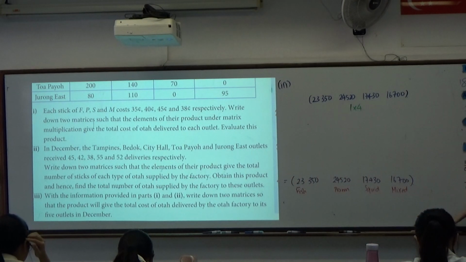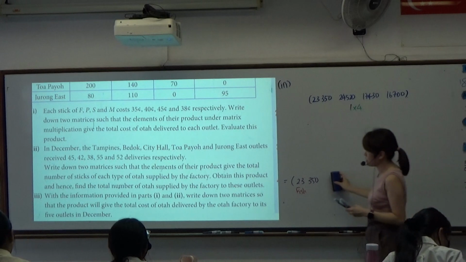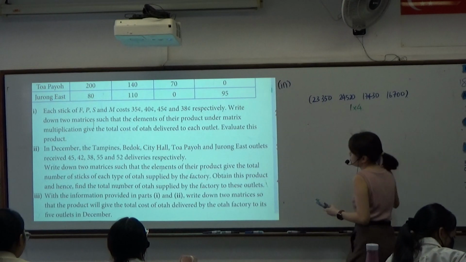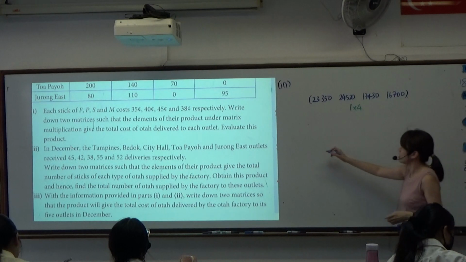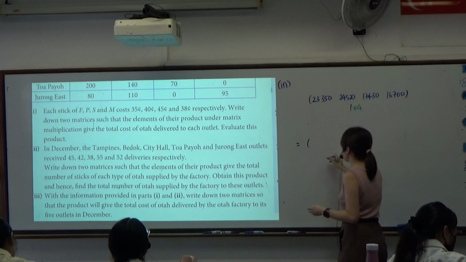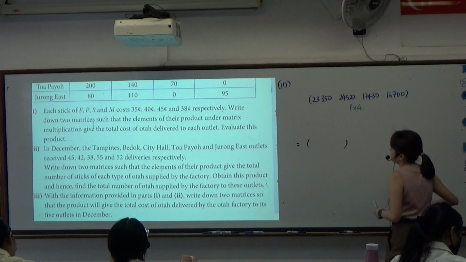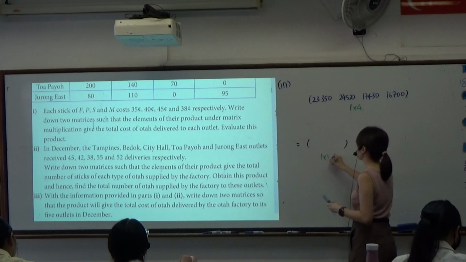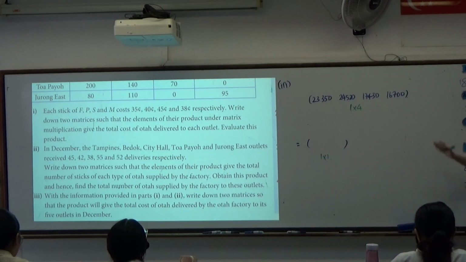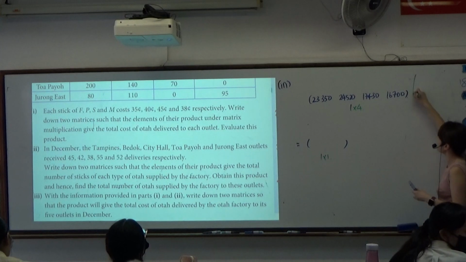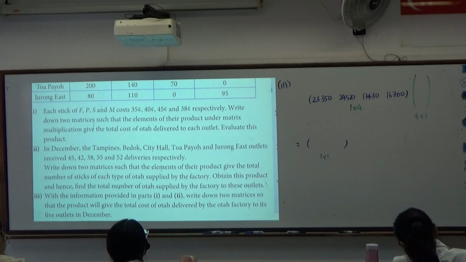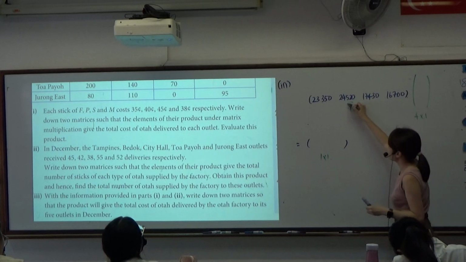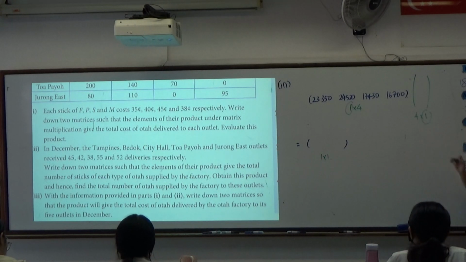The end goal that we want is a single value to represent the total cost. So I'm expecting my final answer to be a 1 by 1 matrix. That can only happen when I multiply towards the right with a 4 by 1 matrix, because my 1 by 1 needs to be formed by observing these parts of the order.